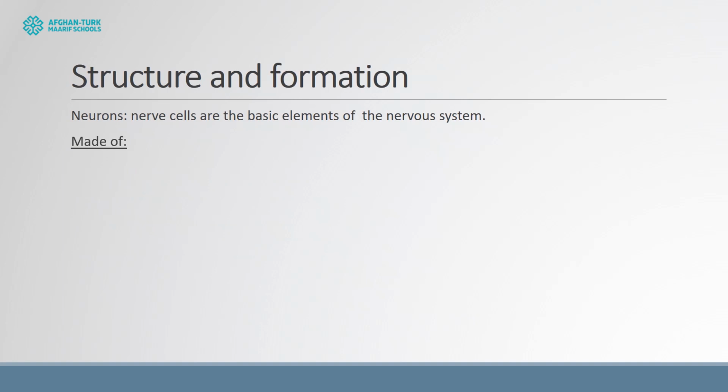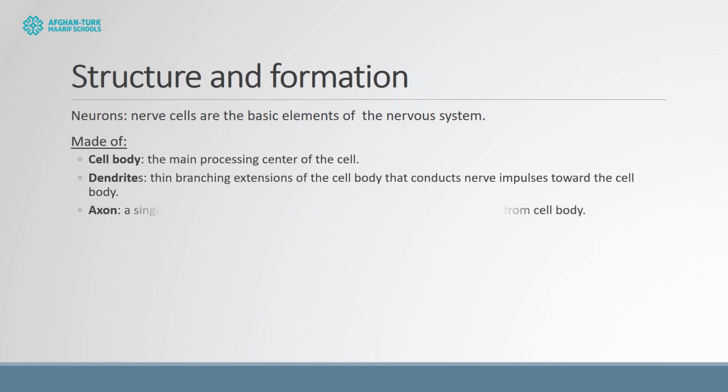Our nervous system is made of a very basic element, which is named the neuron. A neuron is made of three parts. The first part is called the cell body, which is the main processing center of a neuron. The other part is called the dendrites, which are branched extensions that conduct impulses or information to the cell body.